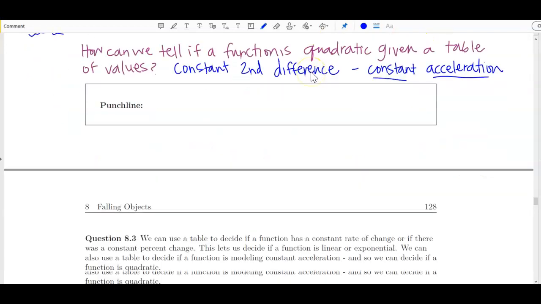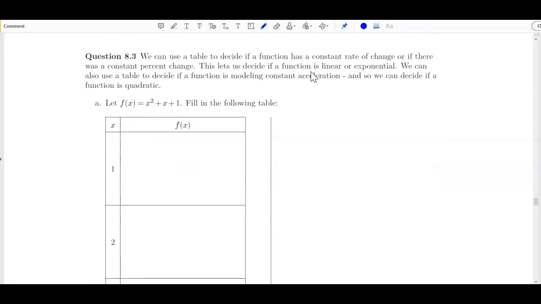Let's look here. First thing that we're going to do is fill in the table. So we want to know, when x is 1, 2, 3, 4, 5, and then we're going to look at it and decide if it is linear or exponential, or if it's neither of those, maybe it's going to be quadratic.